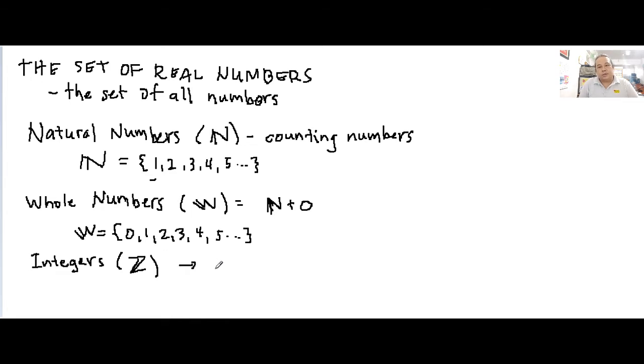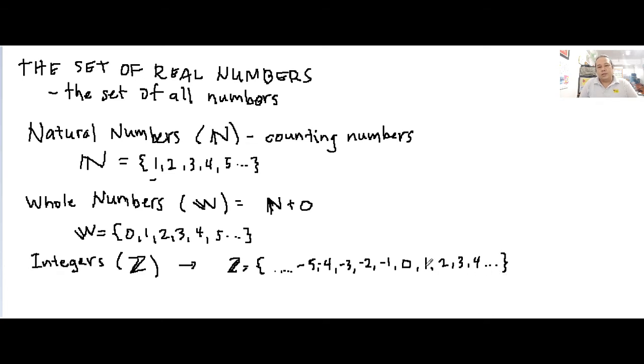So that means the set of integers is equal to the set of all negative numbers starting from negative infinity, then down to negative 5, negative 4, negative 3, negative 2, negative 1, and then after negative 1 is your number 0, and then all the positive whole numbers 1, 2, 3, 4, and so on.